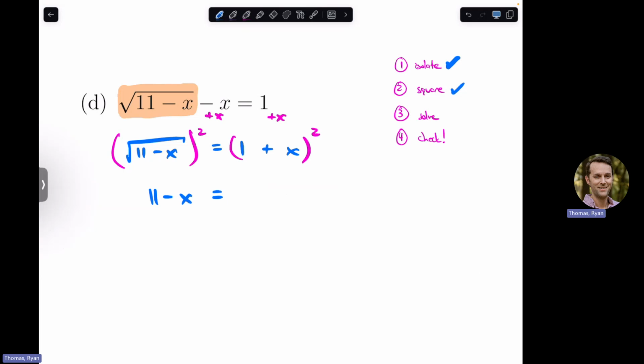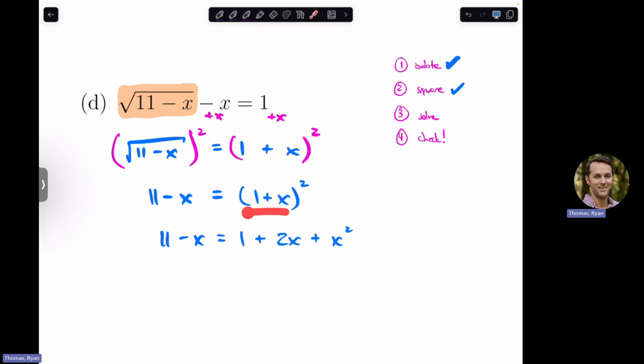So on the left-hand side, my life's getting easier. On the right-hand side, things are getting a little bit more complicated, but in a way that we're better equipped to deal with, right? Right-hand side is (1 plus x) squared, which is 1 plus 2x plus x squared.